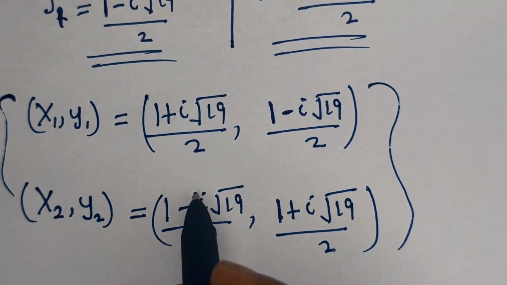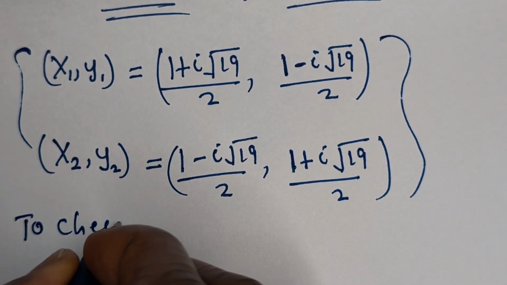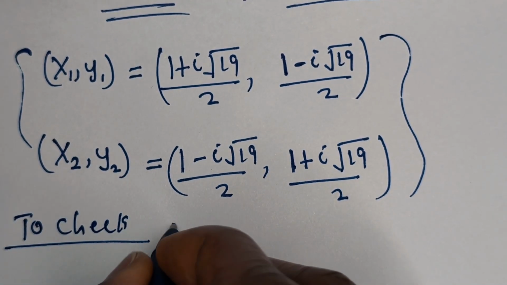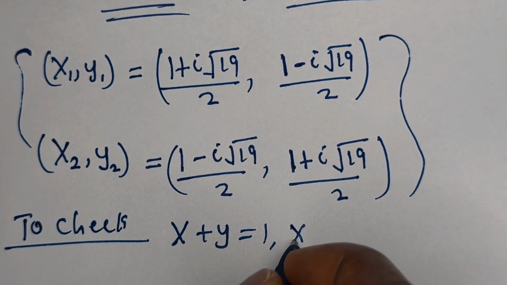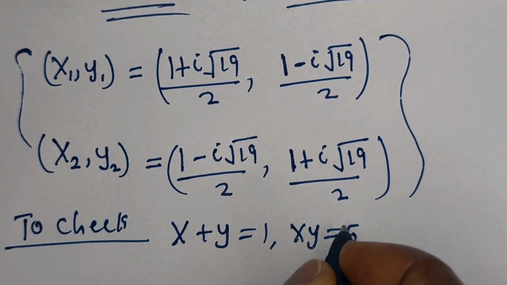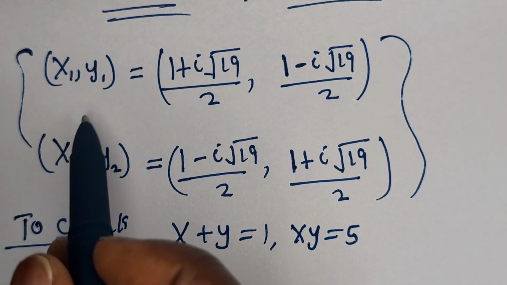We may check to confirm if this answer is right or wrong. Let's check. To check, we have the given equations: s plus y is equal to 1, sy is equal to 5. Let us consider this using either s1, y1 or s2, y2.